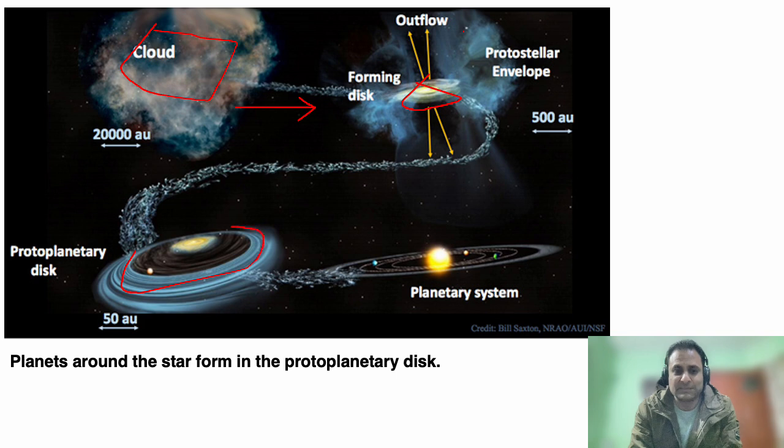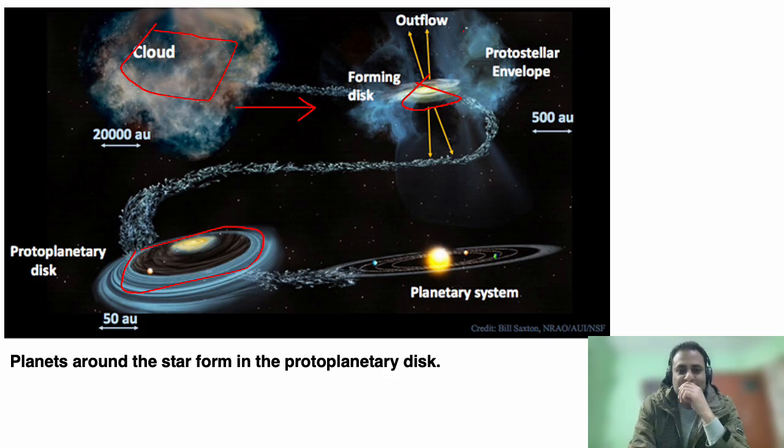Keep in mind that the planets are formed in the disk. The disk is relatively cold, so it's easier to make molecules in the disk, and those molecules can condense themselves and make the planets.